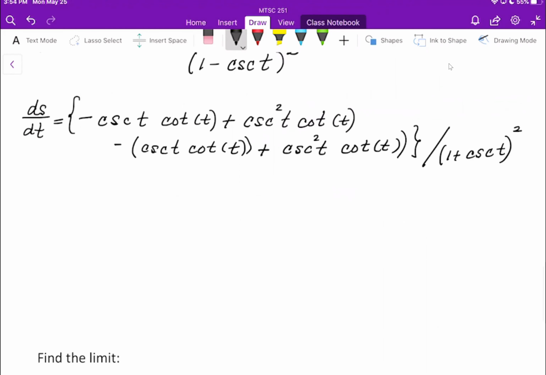So let's simplify. We get ds dt. So I have minus cosecant t cotangent t, and I'm subtracting off a cosecant t cotangent t. So I get minus 2 of those.